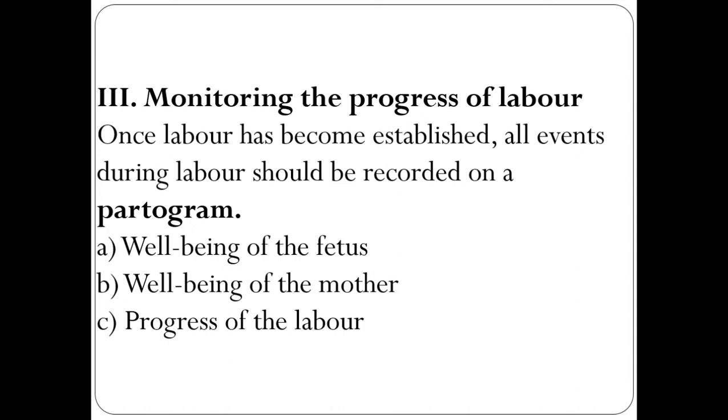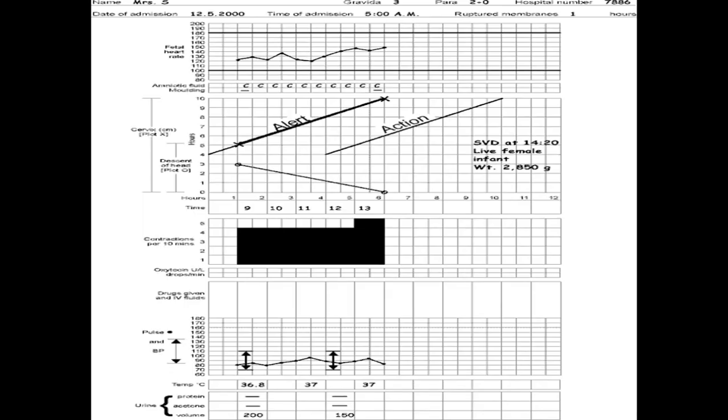And there are several methods to monitor the progress of labor. The most common and approved by WHO is the partogram. The partogram is a sheet of paper. It has much information about the station of the fetal head, the fetal heart, the cervix, the membranes, the contraction of the uterine muscle, and also certain measures of the vital signs of the mother and urine output.